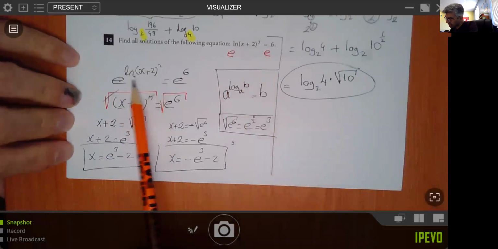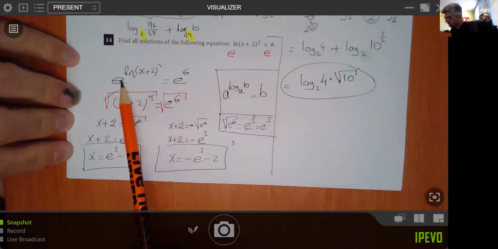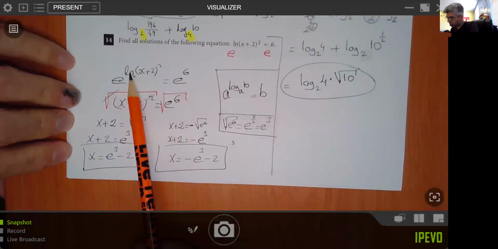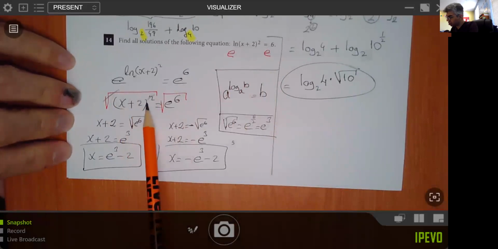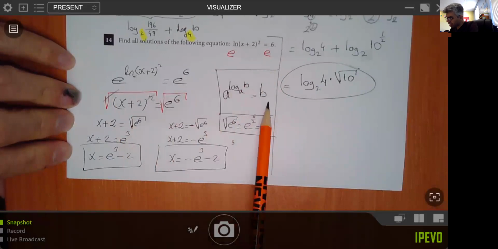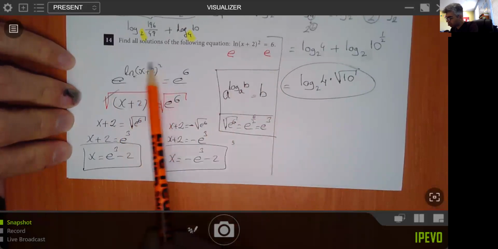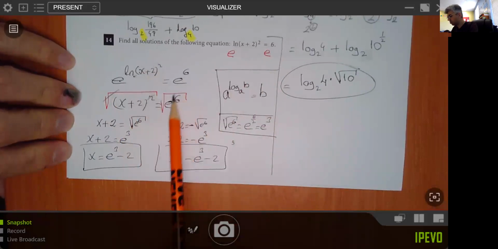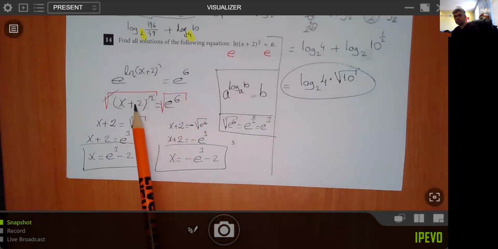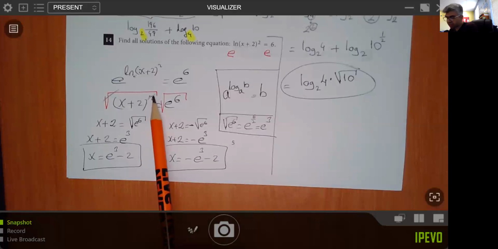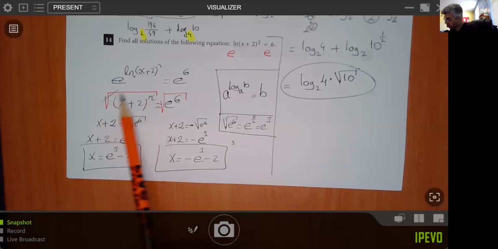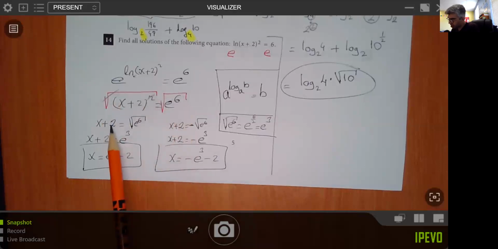Then e and ln cancel out each other, because of this property, so we have x plus 2 squared equals e to the power of 6. Then it's basically finding x. I have to get rid of the square, so I take square root of both sides. I have to get rid of plus 2, so I subtract 2 from both sides.